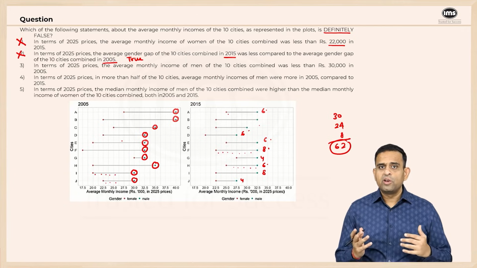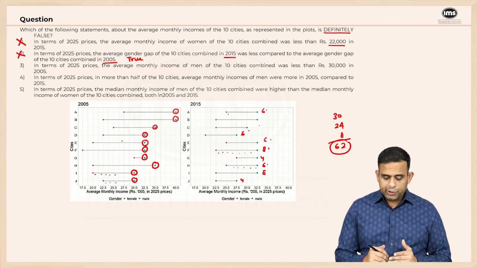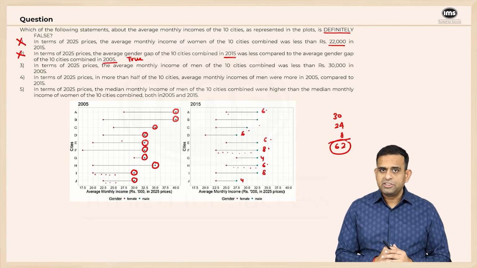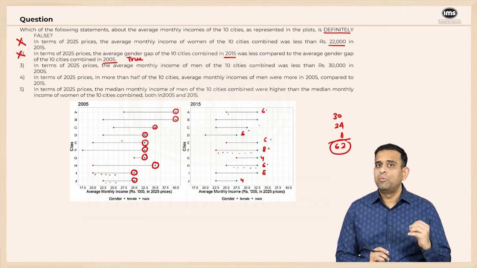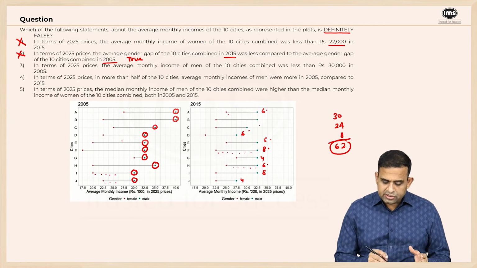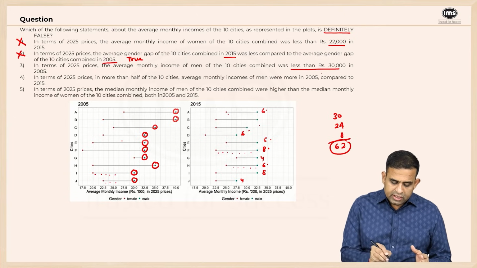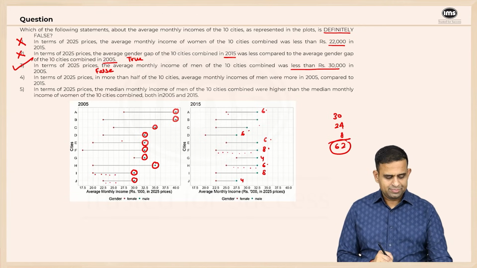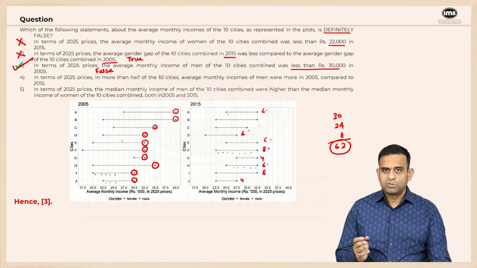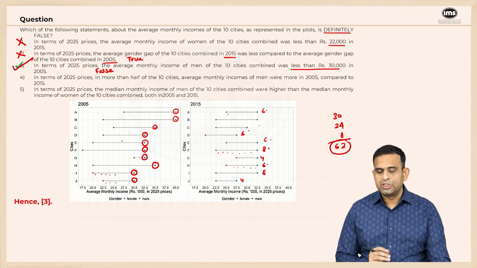So definitely, it's a concept of averages, if I count all the 10 cities put together, the average monthly income of the male definitely has to be more than 30,000. But here they are saying it is going to be less than 30,000. This is going to be definitely false. And hence one can choose to mark option number 3 over here. So there is no need to explore option number 4 and 5 in this particular question now.